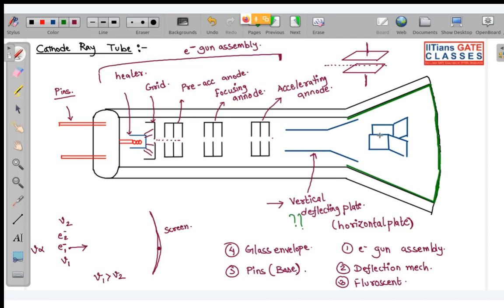These plates are known as horizontal deflecting plates. And you can see I have even drawn this plate in your 2D diagram, or let me draw it once again for you. So these plates, it is like this.